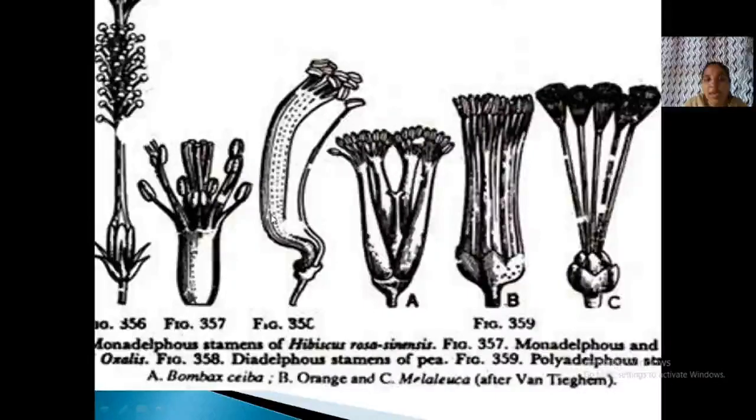See, this is one bundle. This is another one extra single. So two bundles, that is diadelphi. Then this is polyadelphi, with 1, 2, 3, 4, 5 bundles of filaments. That is monadelphi, diadelphi and polyadelphi.